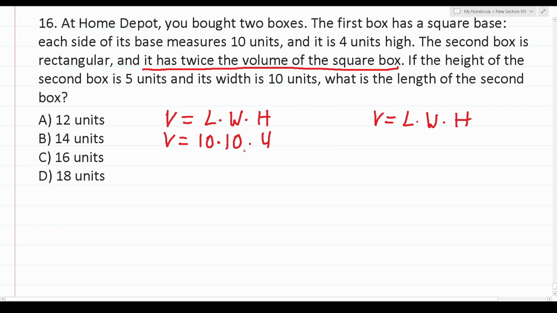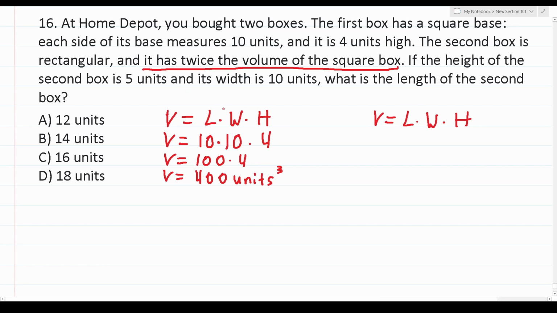So this is 10 times 10 times 4. 10 times 10 is 100. 100 times 4 is 400. So the volume of this first box is 400 units cubed. Again, volume is always going to be cubed. Area is always going to be squared. All right, so we figured out the volume of this first box.